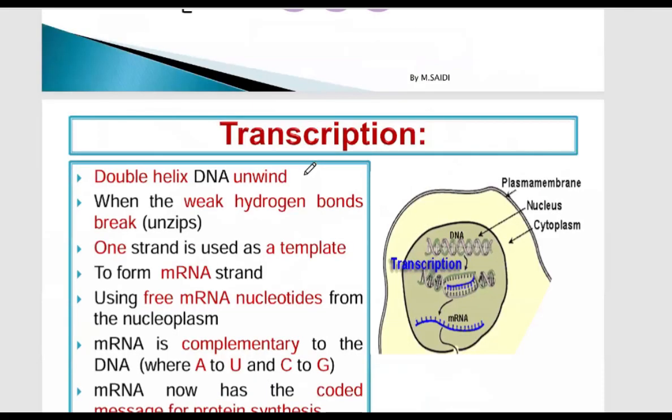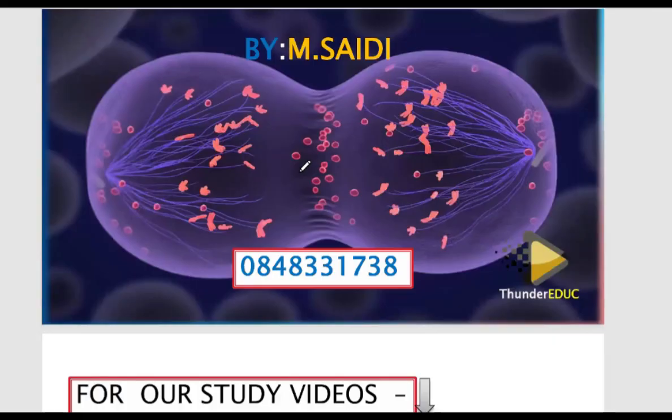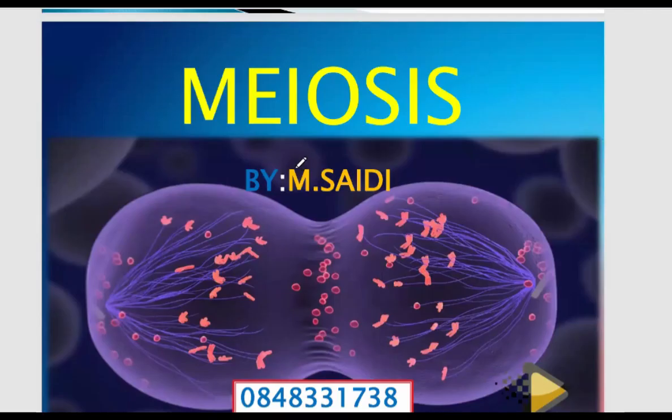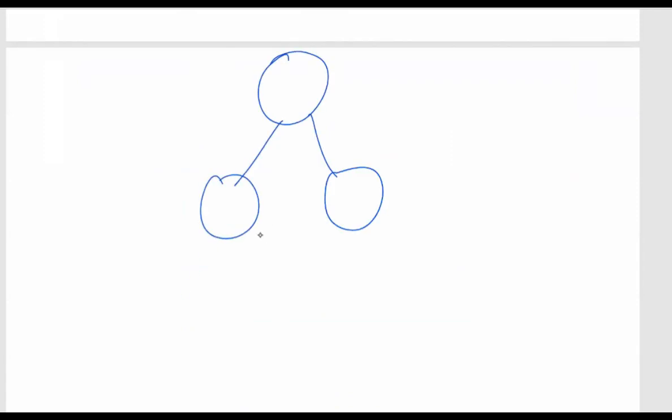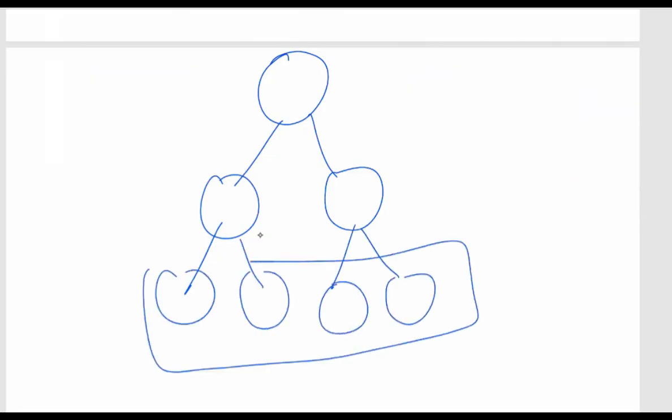So when it comes to meiosis, there are some things which you need to understand. Number one, what is meiosis for? What is it used for? Remember, meiosis is a type of cell division where one cell divides into 2 cells. After that, the 2 cells divide into 4 cells.